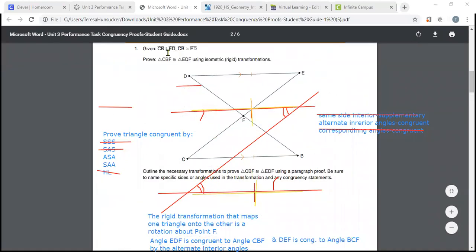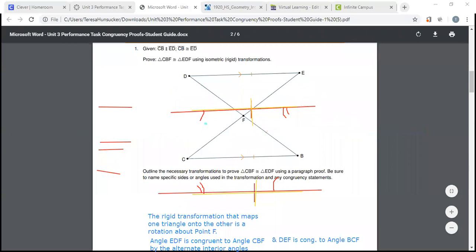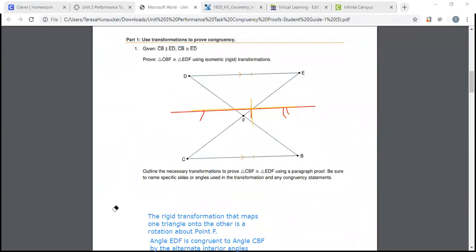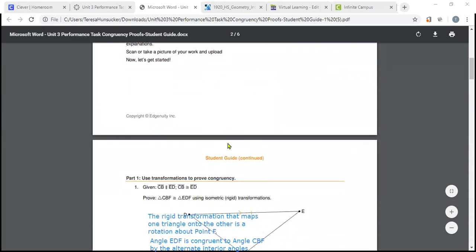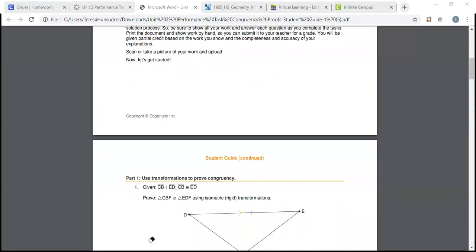Let me start erasing some things. Okay, I can't. So then the last thing you would write is that the triangles are congruent.